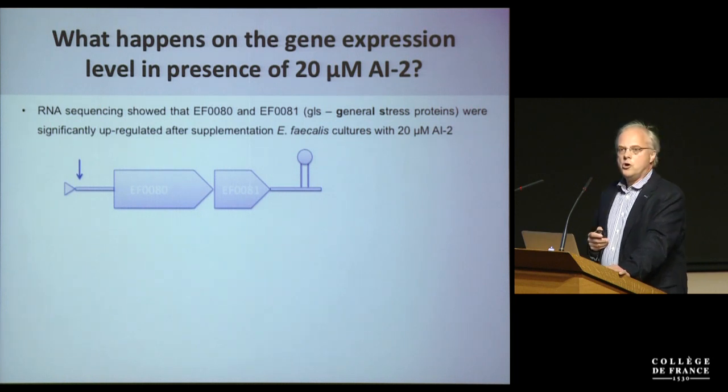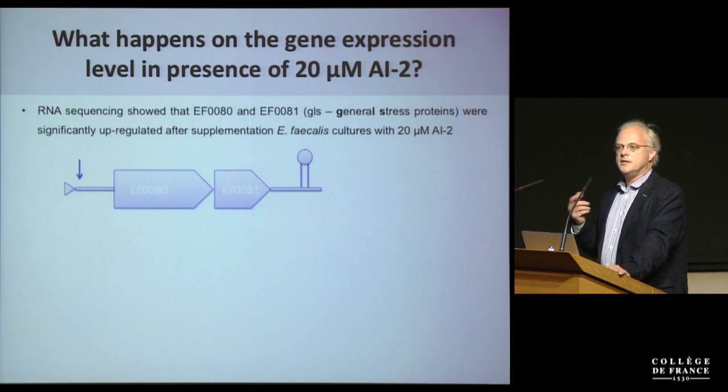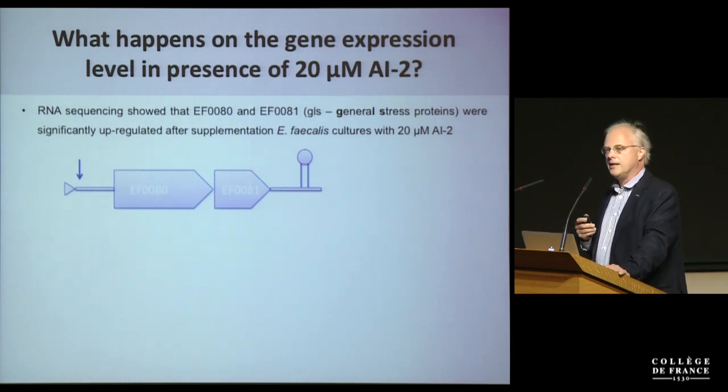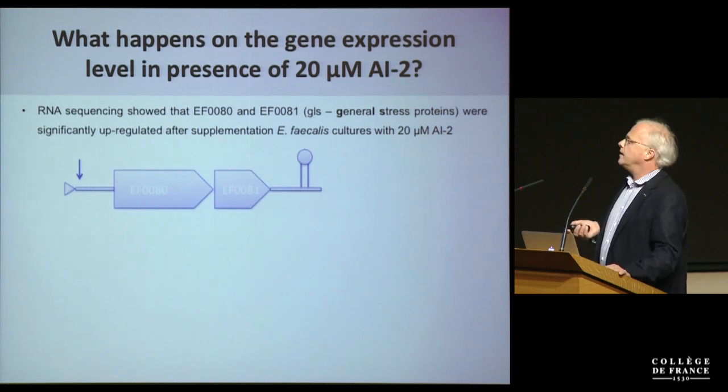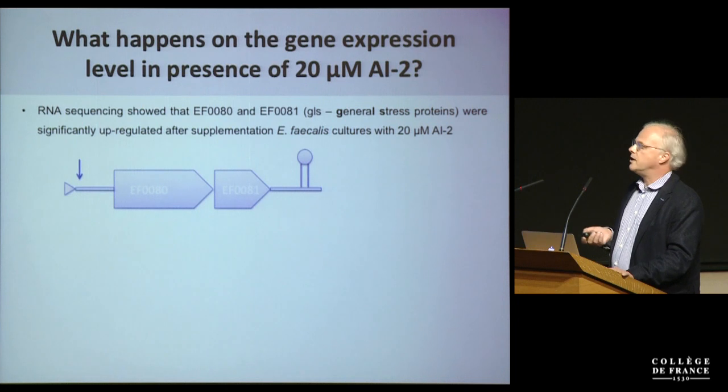So we wanted to know what happens at this 20 micromolar autoinducer 2 concentration. What we did, we used bacteria, we added 20 and 100 micromolar of autoinducer, and then we did RNA sequencing to see which genes were upregulated.